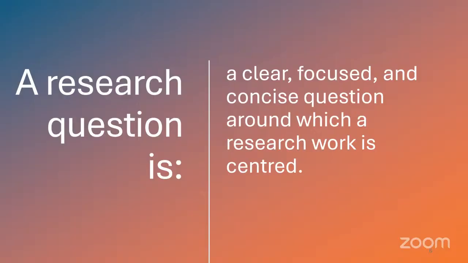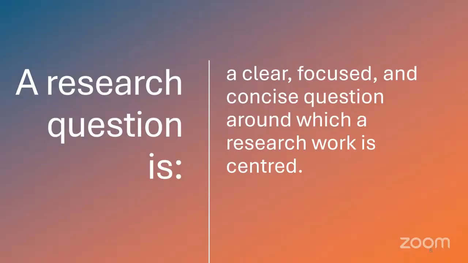Again, this is when we come to scientific writing. One of the major features of scientific writing, academic writing, is being concise. So you don't just write as though it's a literary or an artistic work. There has to be that conciseness in your writing. And so your research question is clear, it's focused, it's concise, and it's the question around which your research work is centered.